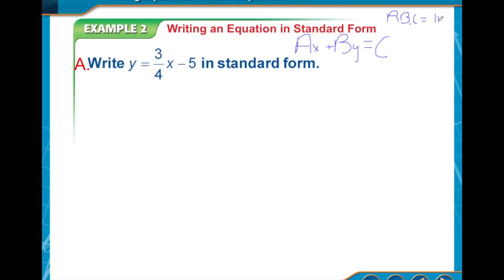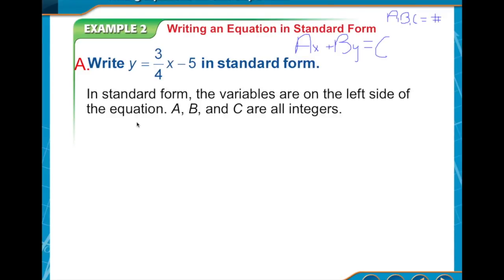They're whole numbers. So that's our standard form, x and y on the same side with some whole numbers next to them equaling some constant. So in other words, we need to get rid of any fractions that we see, and then make sure our x's and our y's are on the same side of our equation. So in standard form, we know we want everything, our variables, all together.